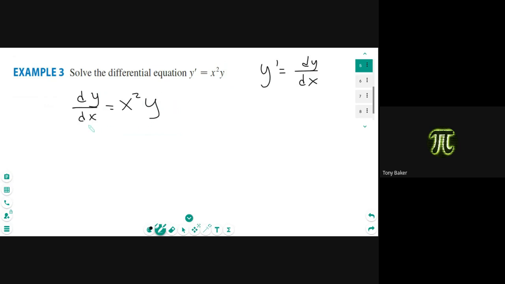We can do this in a couple of steps. Let's move my dx over. So dy equals x squared y dx. Then we can divide by the y. So I have 1 over y dy equals x squared dx.